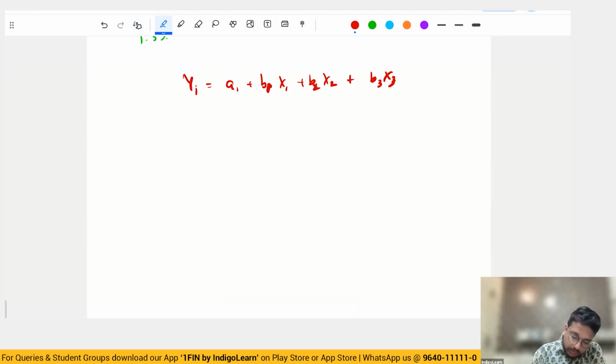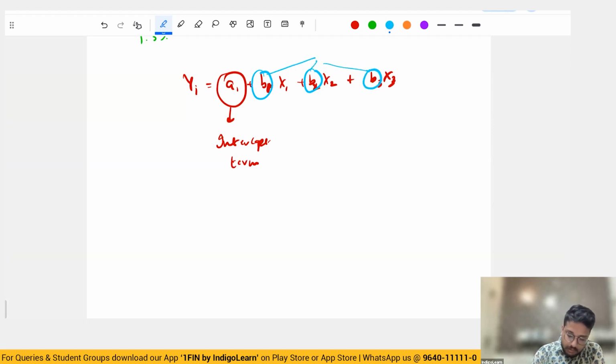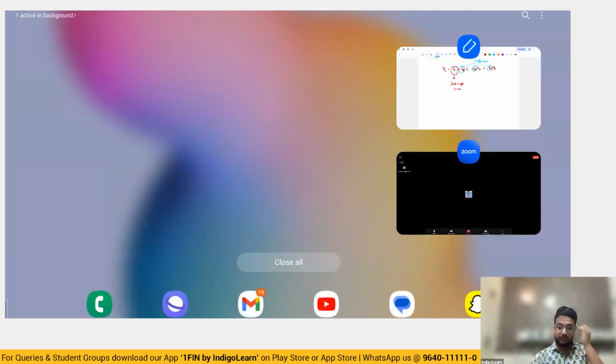In this equation, what is this term? The intercept. And these are known as the coefficients of the terms.